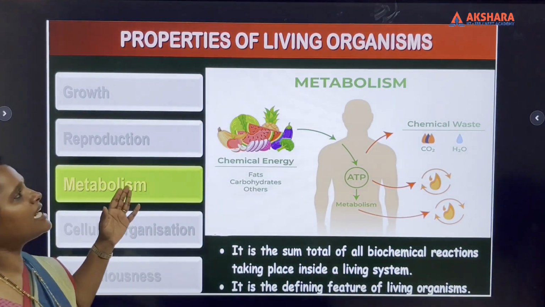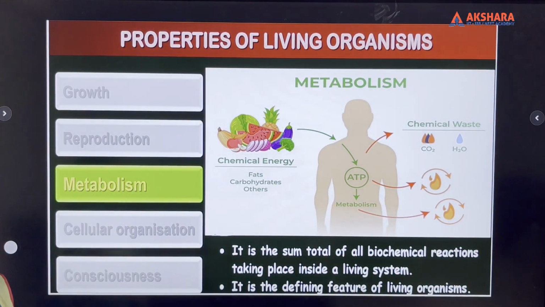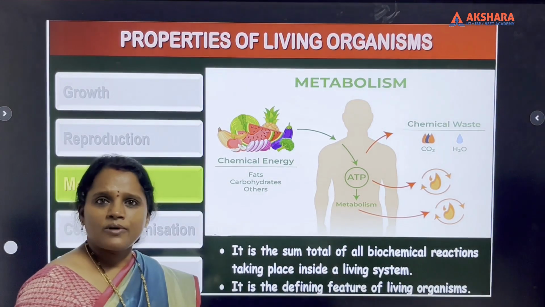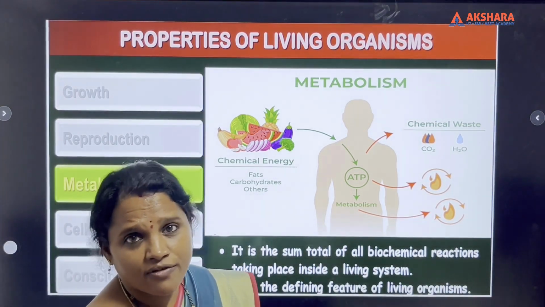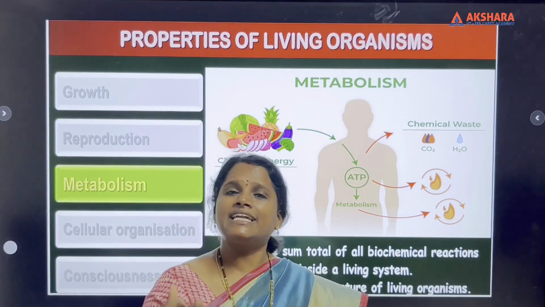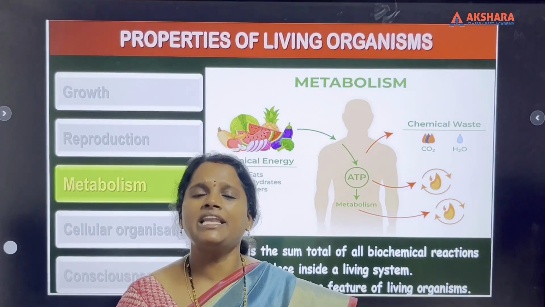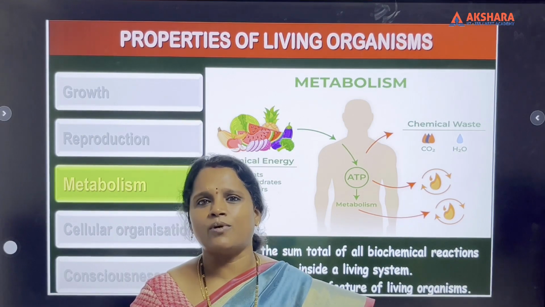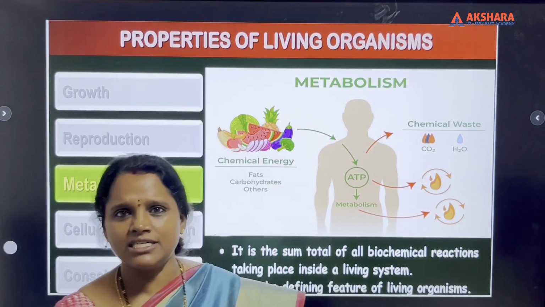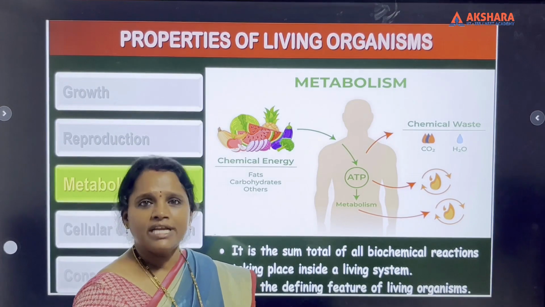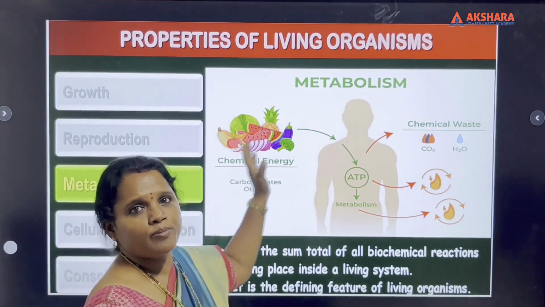Now take another character of living organisms, that is metabolism. What is metabolism? The sum total of both anabolic and catabolic reactions which take place in a living body is called metabolism. How do you gain energy? In your body, you get energy by two mechanisms.